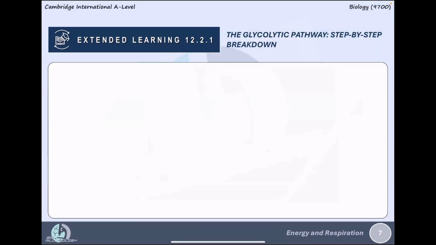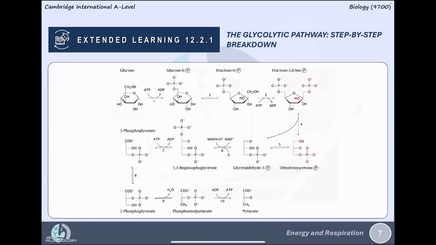So this is extended learning where we look at the glycolytic pathway step-by-step. In fact, glycolysis is quite complicated, but for the A-level syllabus, we just need to focus on the phosphorylation of glucose to form glucose 6-phosphate, and then another phosphorylation process takes place on glucose 6-phosphate to form fructose 1,6-bisphosphate.